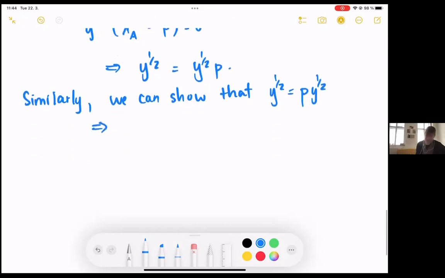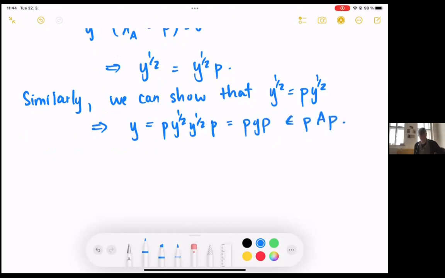And multiplying these two things together, we get that Y is equal to P Y half P, which is just PYP. So we see that indeed in this case, our element Y is in PAP.